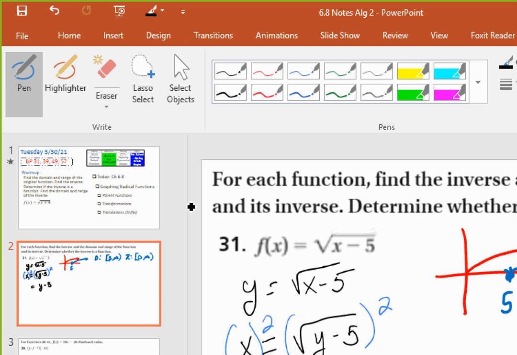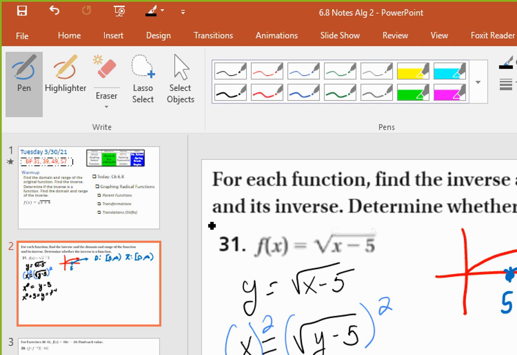Squaring is not what brings in the plus or minus; when we undo a squaring using square roots, that's when it brings in plus or minus. So this is just x squared. x squared equals y minus 5, so x squared plus 5 equals y, which is the inverse. I'll say that's f inverse.